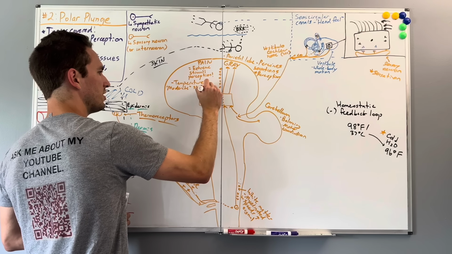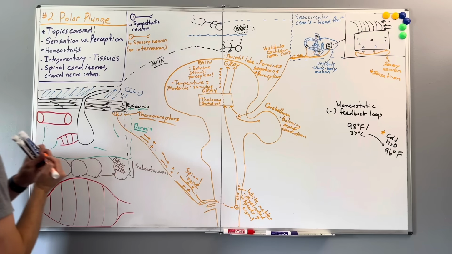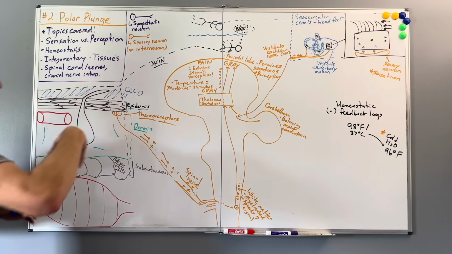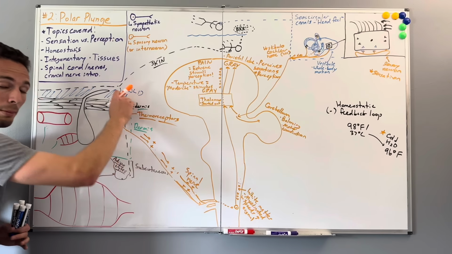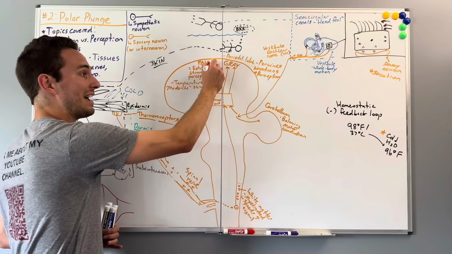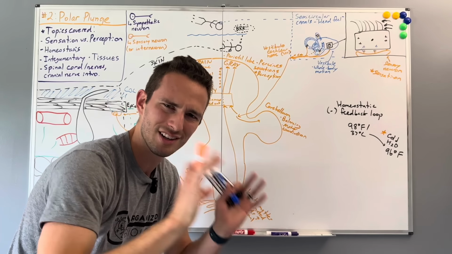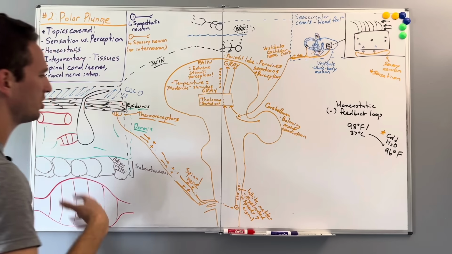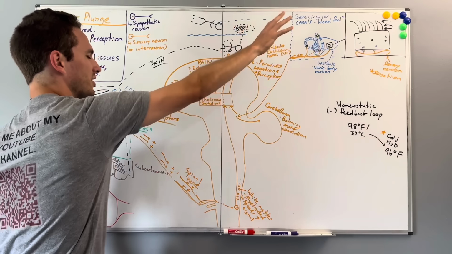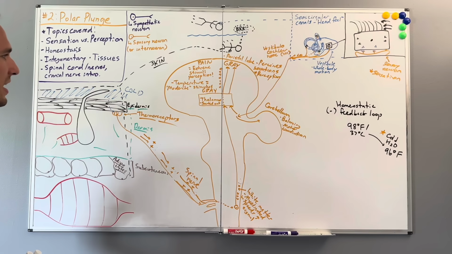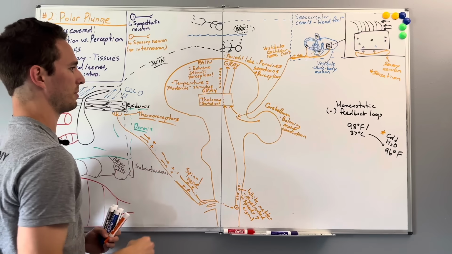So this is kind of the difference between something called sensation and perception. The sensation is just cold, but the perception can be either pain in the extreme or just temperature in the mild. Does that make sense? Hopefully it does. Let me know if you have any questions. I've got more videos on sensation versus perception in the description below. I'll try to link it up here.